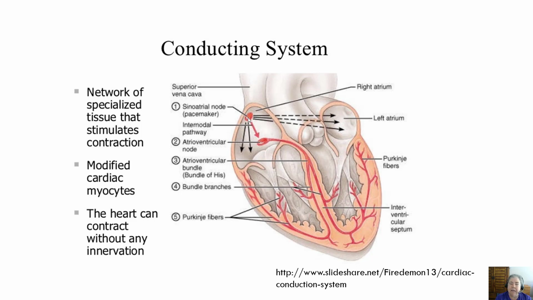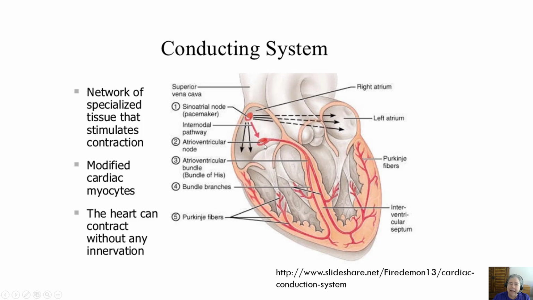That node is specialized myocytes, so it's cardiac muscle, but it's specialized cardiac muscle that has something called automaticity, and that automatically, periodically depolarizes. And when it depolarizes, it creates an action potential, which then passes through the syncytium of cardiac muscle that forms the right and left atria, causing contraction of the right atrium and the left atrium.